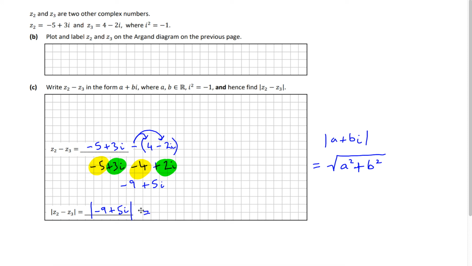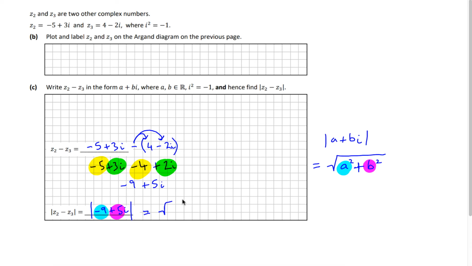So you need to realize that our a value is going to be minus 9 and our b value is plus 5. It's just the number in front of the i, not the i. It doesn't include the i.